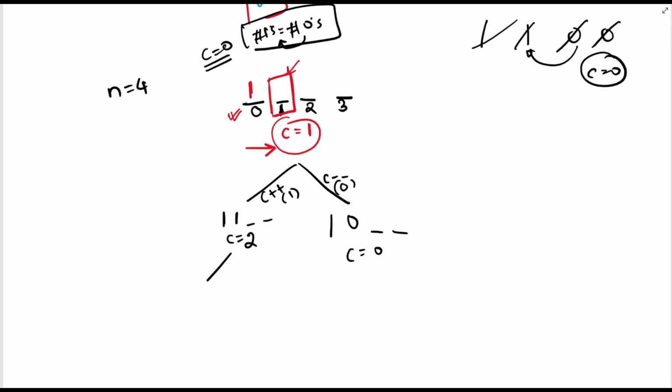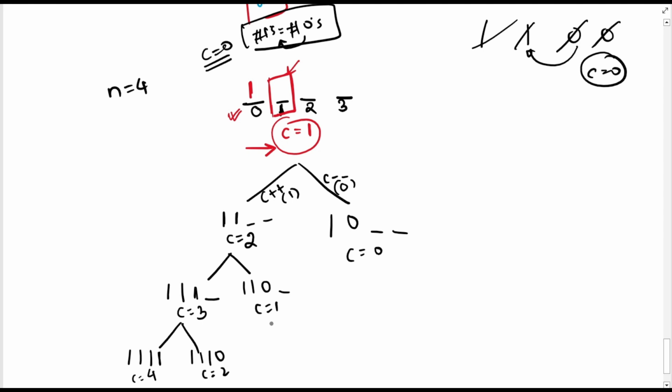Next, again let's go to the next phase. For 1 1, because I have a credit, I can actually put a 0 or a 1. So let me put a 1, credit becomes 3, or I can put a 0 and credit will become 1. Again two possibilities: 1 1 1 1, credit becomes 4, 1 1 1 0, credit becomes 2.